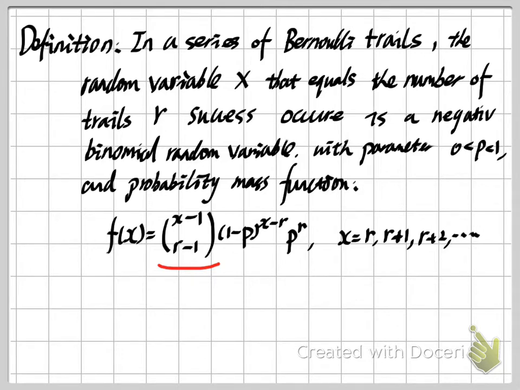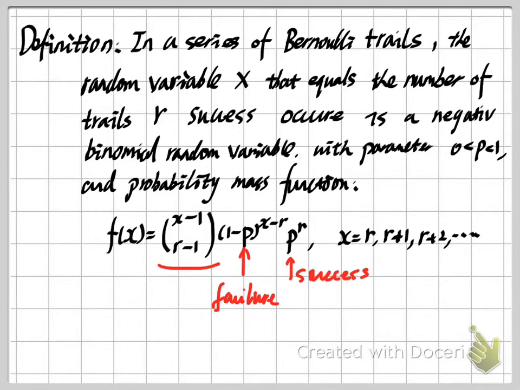Then this is multiplied by 1 minus p to the power X minus R. If p is the probability of success, then 1 minus p is the probability of a failure. If we have X trials and R of them are successes, the failures number X minus R, which is why the power of 1 minus p is X minus R.